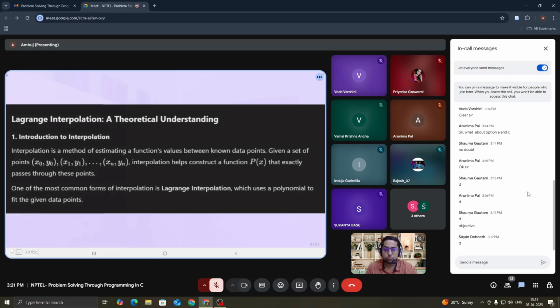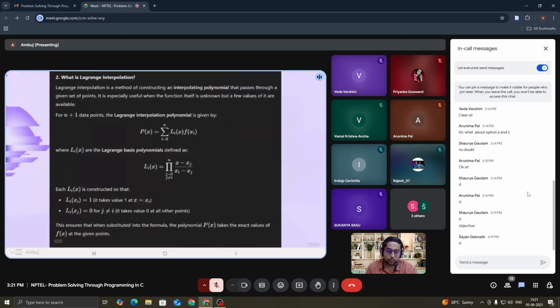One of the most common forms of interpolation is Lagrange interpolation, a polynomial function to fit the given data points. It's a method of constructing an interpolating polynomial that passes through a given set of points. Already told you. It is especially useful when the function itself is unknown, but a few values of it are available.